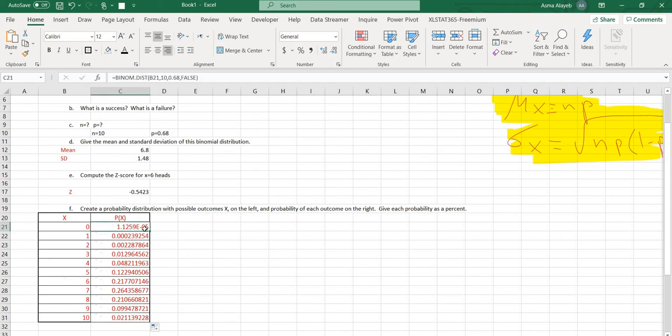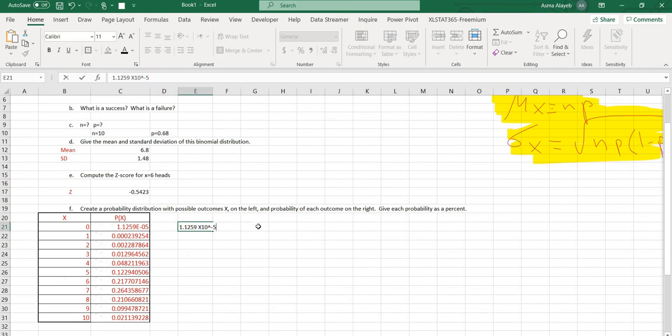Now the first number appears in scientific notation, which is basically when the number is very lengthy, Excel makes it into a scientific notation. This translates as 1.1259 times 10 to the negative 5 power.